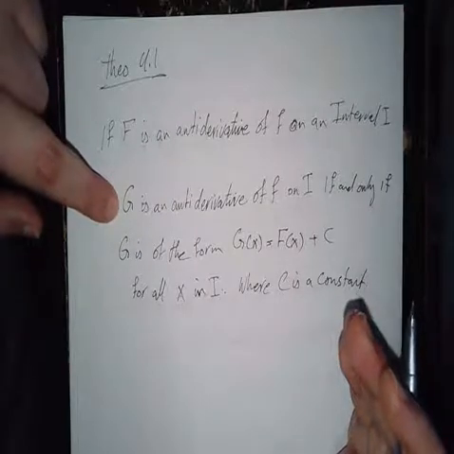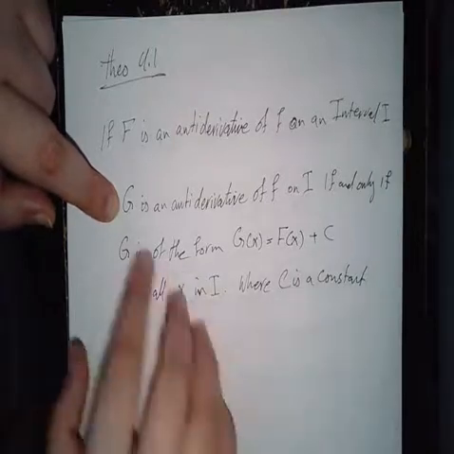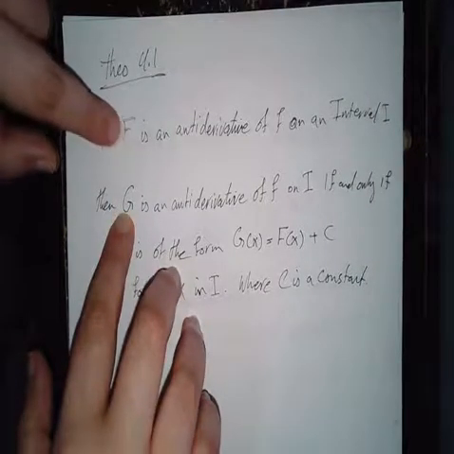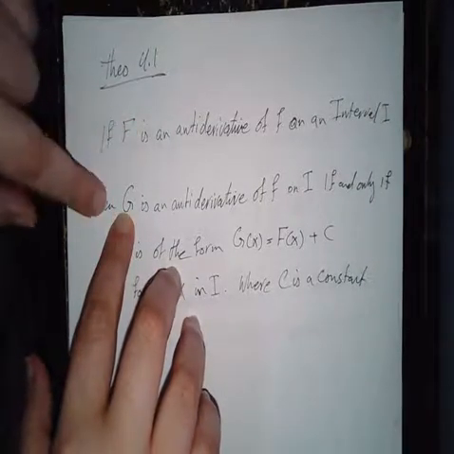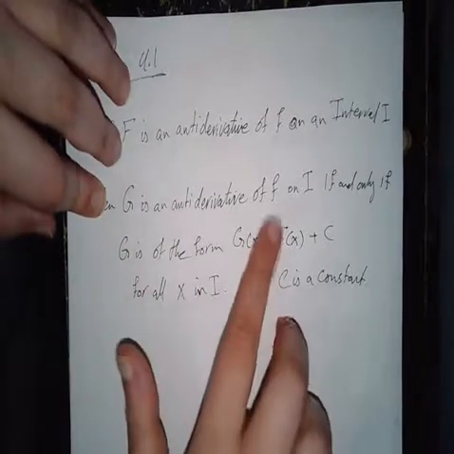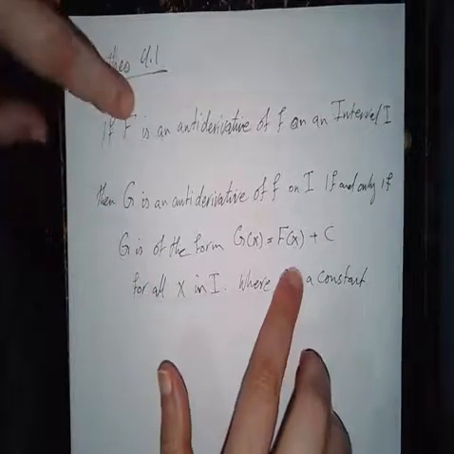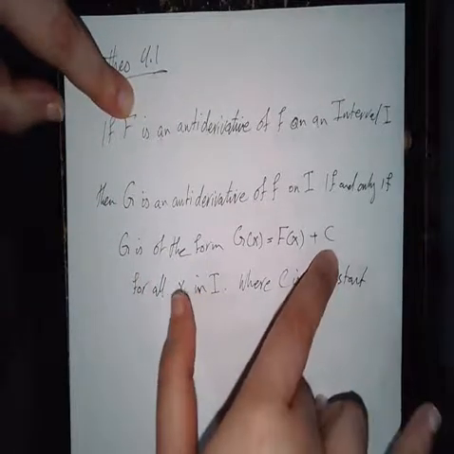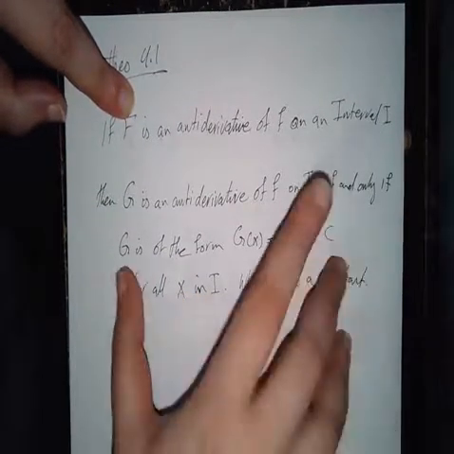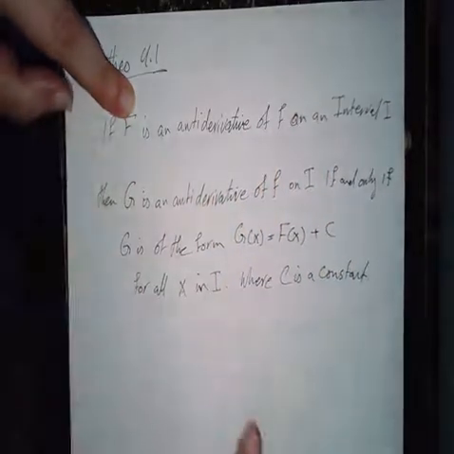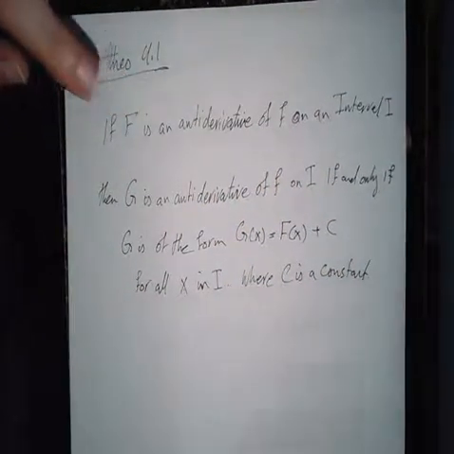One was x cubed minus 5, and the other was x cubed plus 97. So I'm basically saying that a different function, aside from F of x itself, could possibly be an antiderivative of f if the form of g of x is the same as F of x plus a constant. It doesn't matter what the constant is, then that function could possibly be an antiderivative of f. Make sense? Which is why we always add c.